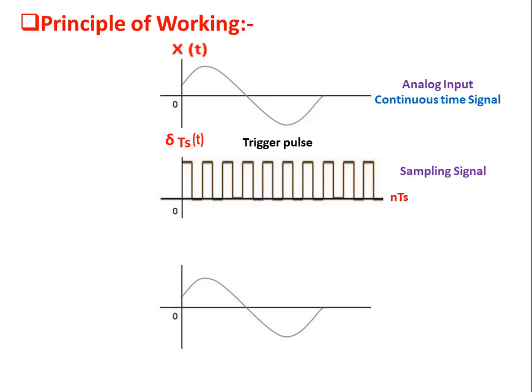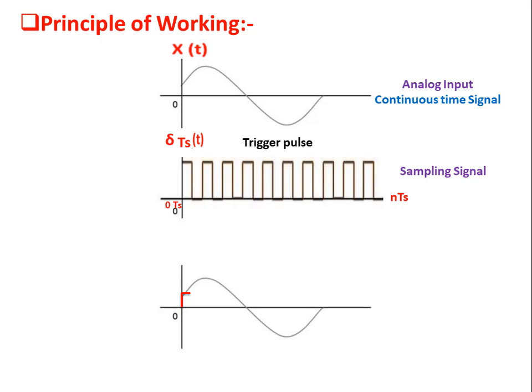Let us assume that the trigger pulse at 0 Ts seconds is applied to the gate terminal. Initially, the sampling switch G1 is closed for this short duration Ts, and the capacitor charges up to a voltage equal to the amplitude of the input signal x(t).